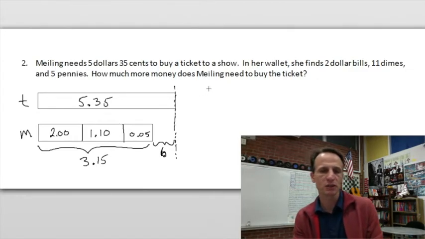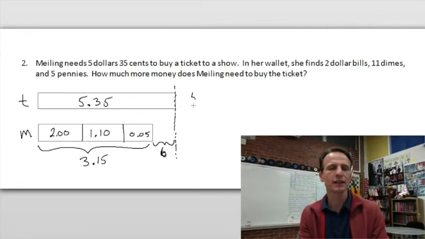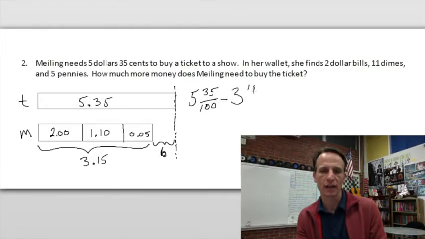All right, so how much more does she need? Well, it's going to be 5 and 35 hundredths minus those 3 and 15 hundredths, which will give us the difference between them. Let's write that out in fractional form as mixed numbers, 5 and 35 hundredths minus 3 and 15 hundredths.